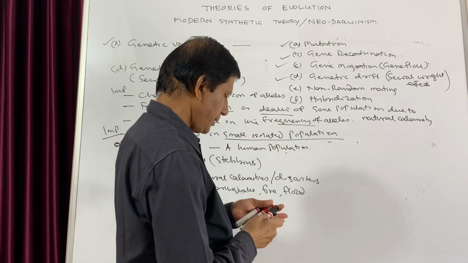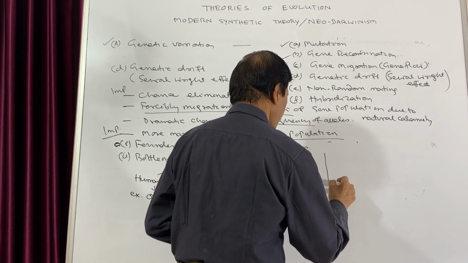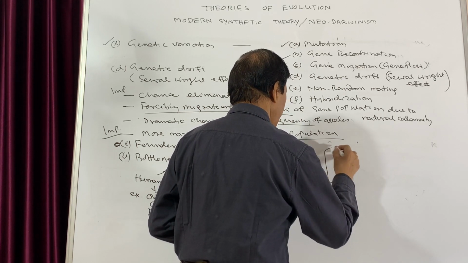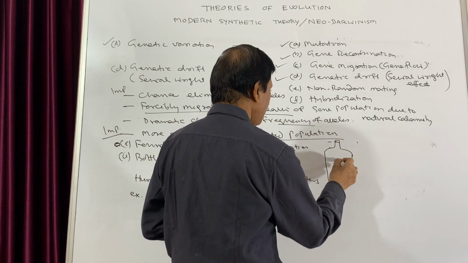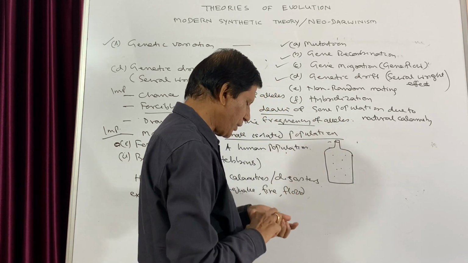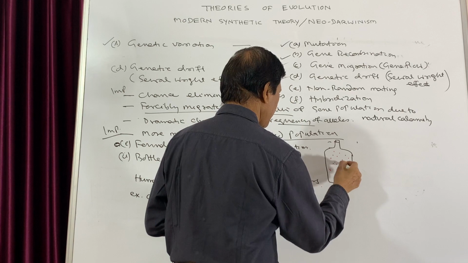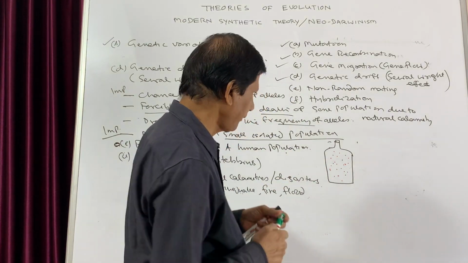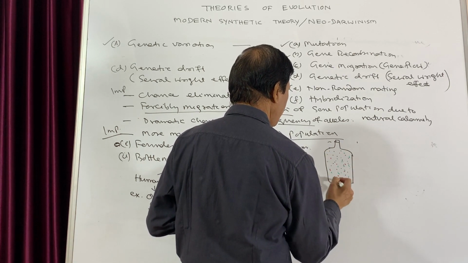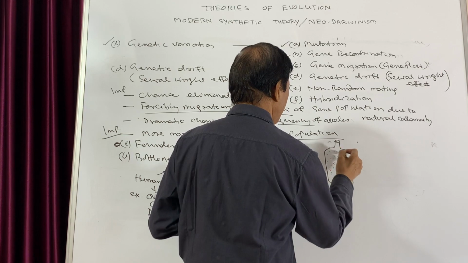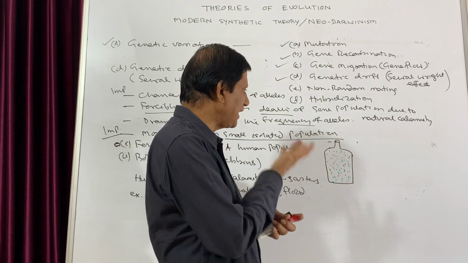Now suppose in a particular place there are different types of populations. In this population, there are three colors.